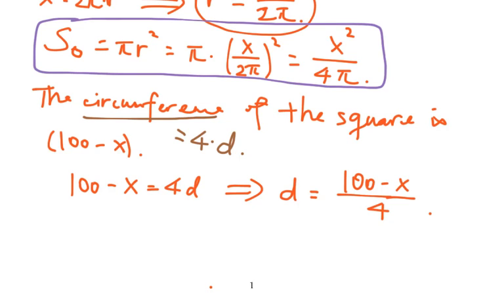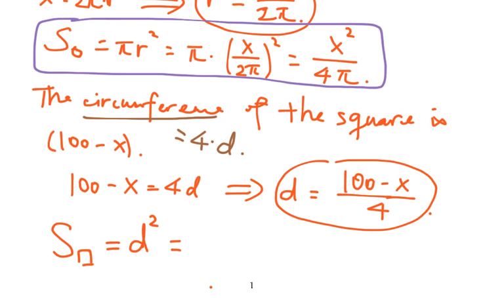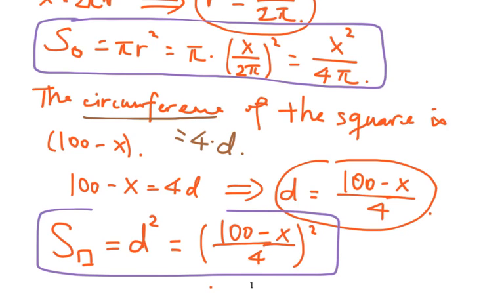Then the area of the square is given by the length of the side squared, that is d squared, and here we have d equal to (100 minus x) over 4. That means the area of the square is equal to ((100 minus x) over 4) squared. Okay, so this is the area of the square. Now we have both areas.